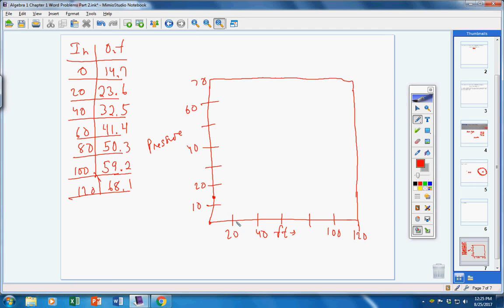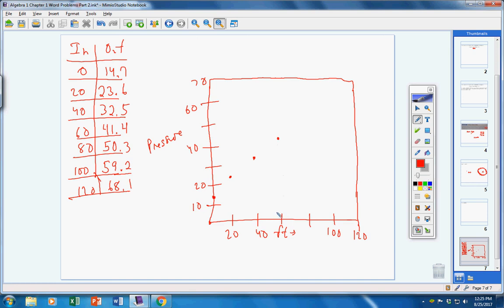When I'm at 20 feet, I'm at 23.6, about right there. When I'm at 40 feet, we're looking at 32.5, so about right there. When I'm at 60 feet, I'm at 41.4. And this would be 60 here. Sorry guys, having a rough day. 60 feet, 41.4, about right here.